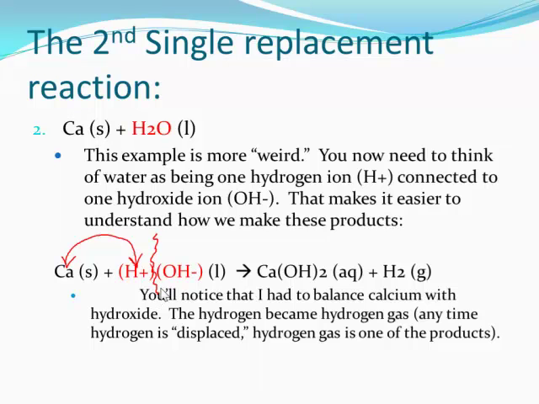Well, okay, the hydrogen gets popped off, still making hydrogen gas. But now you've got to match calcium together with hydroxide. And you'll notice that I did balance my charges just like I did the last time. So, metals reacting in water will make, 100% of the time, metal hydroxides.